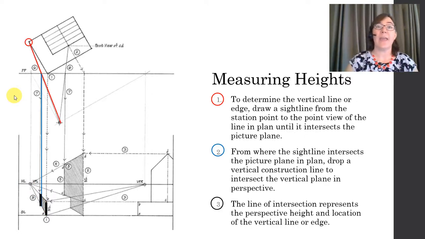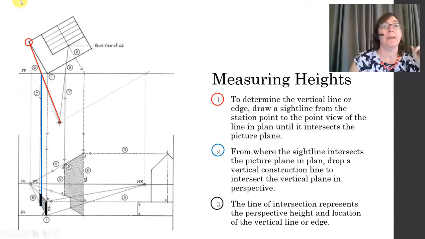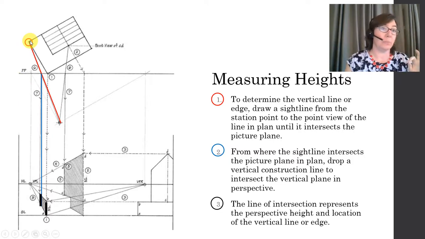Next, we'll locate the back left corner of the building. All right, now this point is not on the picture plane, and therefore you must project it forward along this line between the point and the station point. Okay, so you draw a sight line, we call that. Okay, because this viewer is sighting or looking along the line to that point.